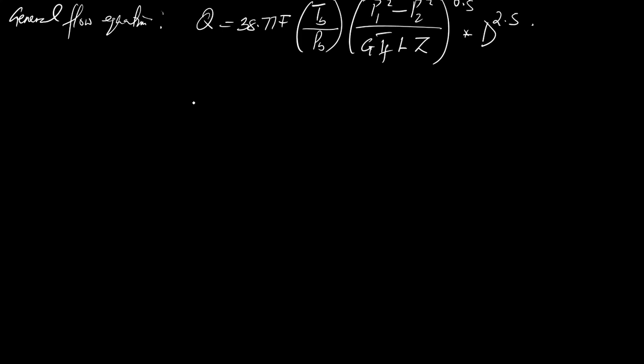Now, if we look at this equation critically, now this is the transmission factor. So this transmission factor, with respect to the dimensional properties of the pipe, the gas property remains constant.